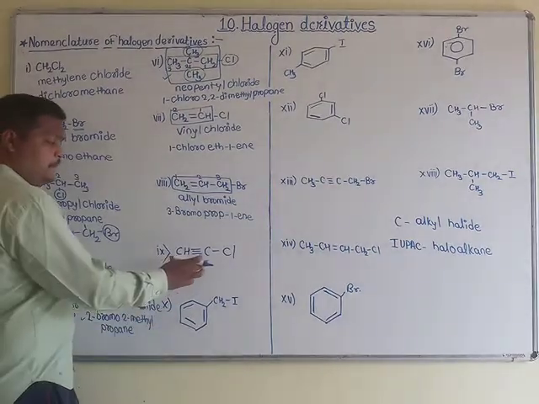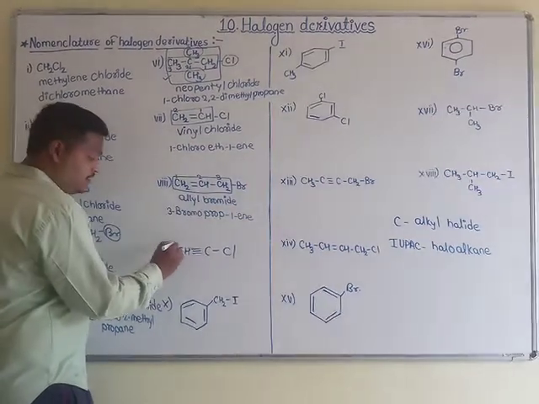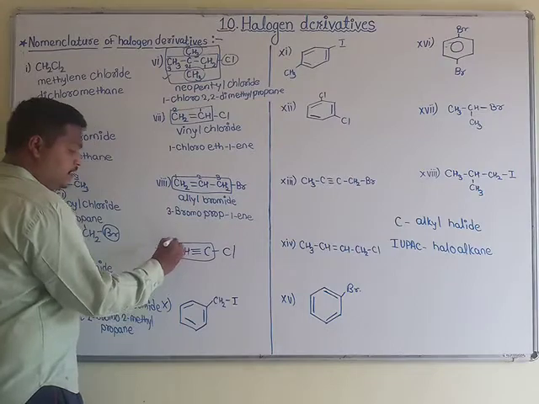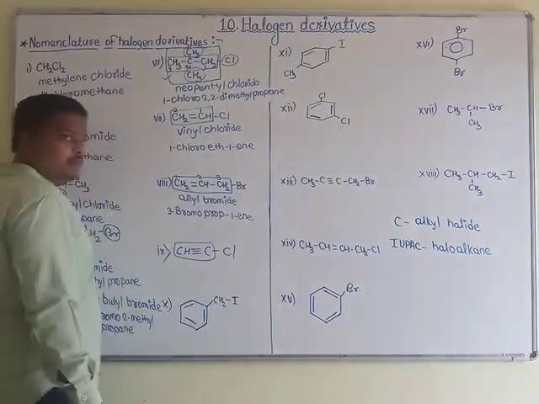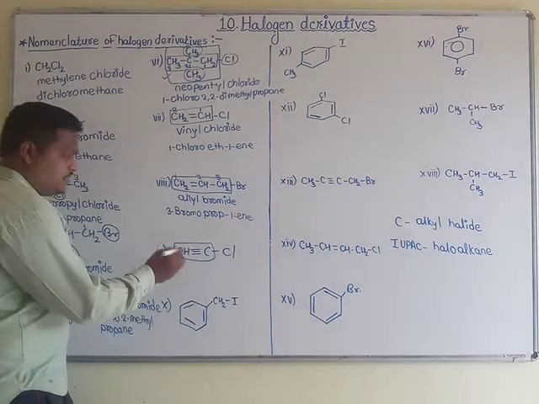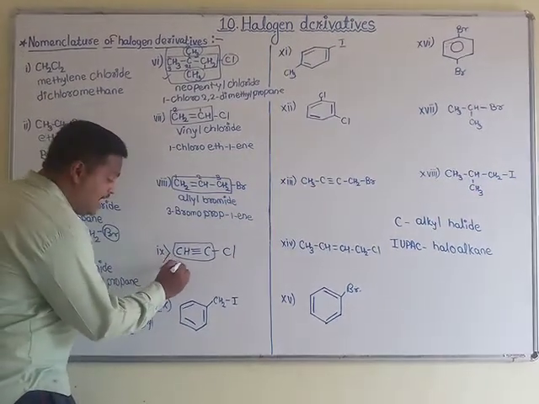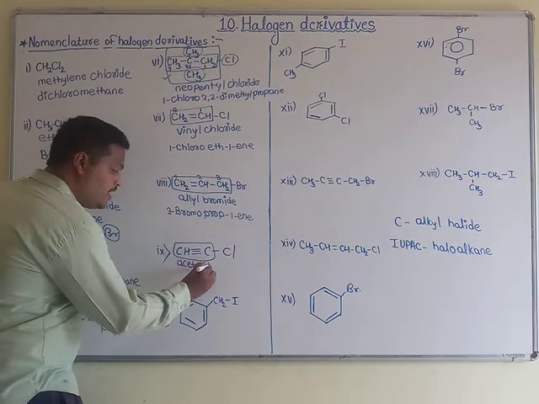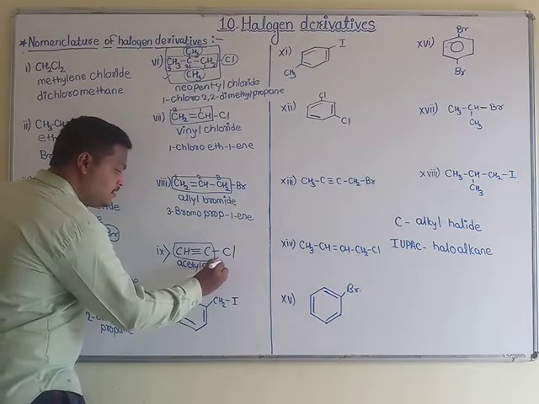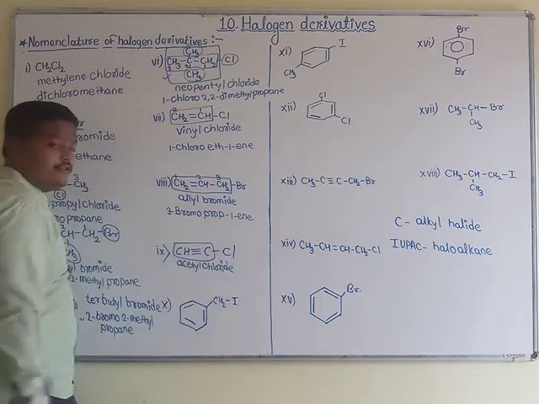Here, what is the name of this compound? Commonly, this is an acetyl group with one substitution by chlorine. So what is the common name of this compound? Acetyl chloride. Acetyl chloride is the common name for this compound.